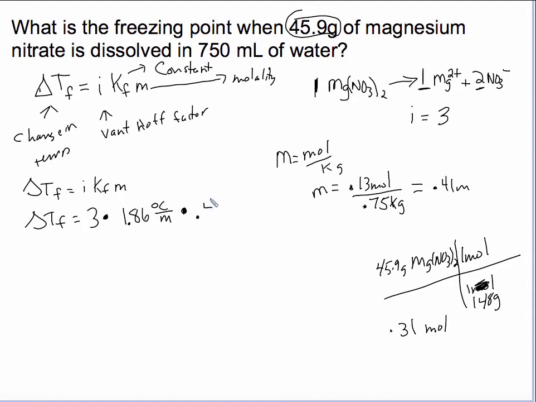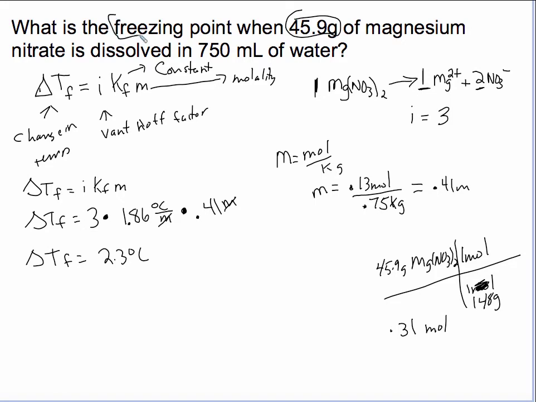So we multiply this times 0.41 little m. The little m's cancel, and you're left with degrees Celsius. If I do all this math, the change in temperature for the freezing point depression is 2.3 degrees Celsius.